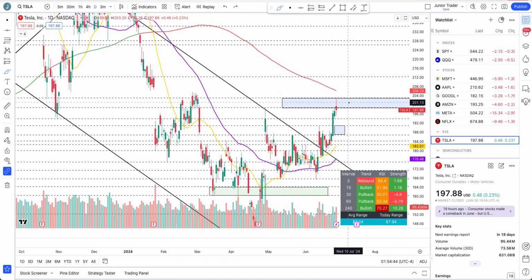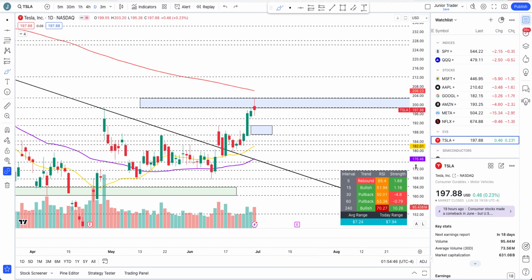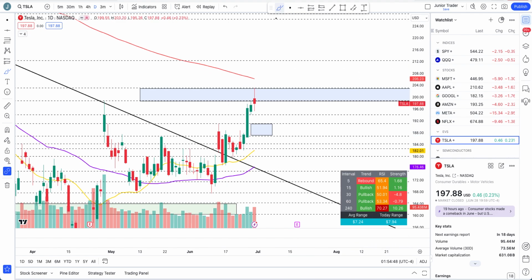However, this doesn't make Tesla bearish. Structure on this is still bullish. Any pullback even into this blue box down here would just constitute a pullback in the structure. Structure until then will still stay bullish.